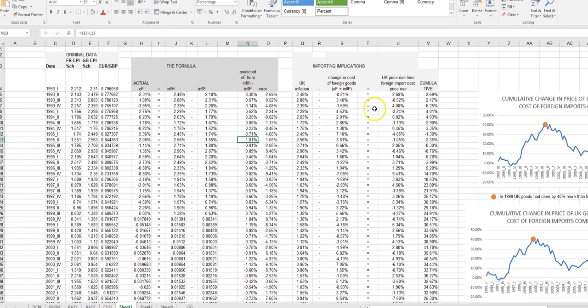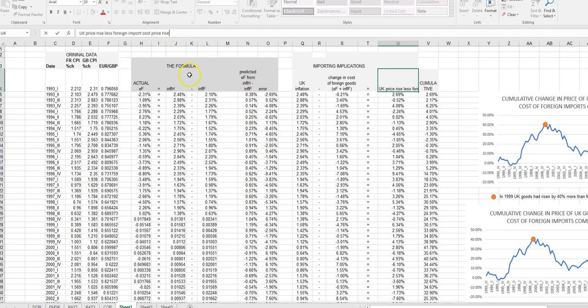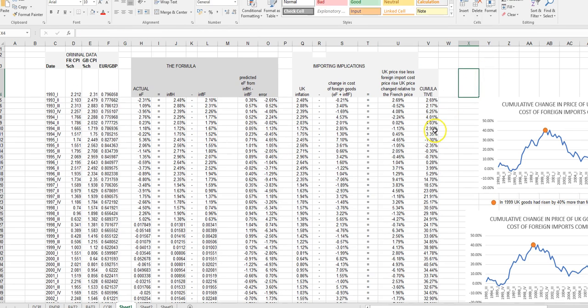So, looking at this, one way of measuring it is, as it says there, taking the UK price rise less the foreign import cost price rise: the UK price change relative to the French price.